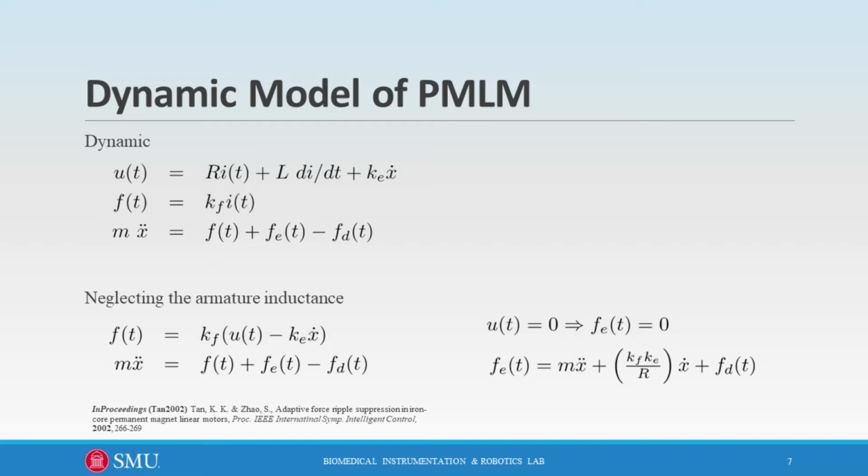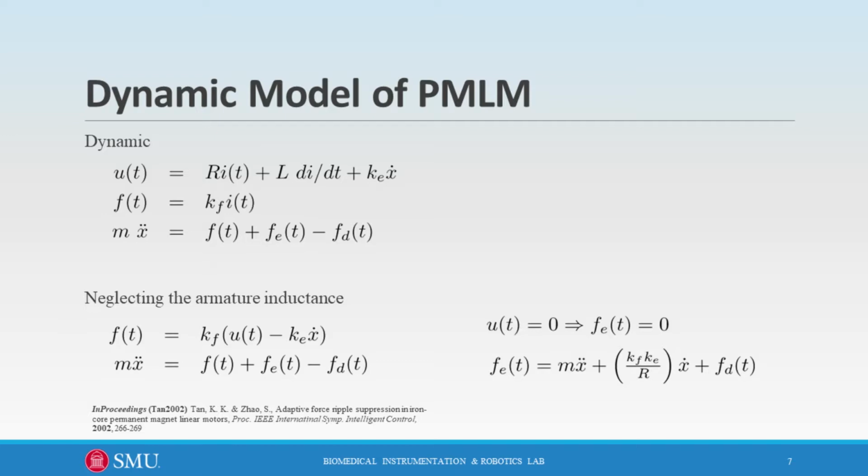By neglecting the armature self-inductance in comparison to the resistance, specifically at low frequency, we can simplify the first equation as shown in the next equation, which is F(t) equal to K_F U(t) minus K_E x dot, and then substitute this equation into the dynamic equation.